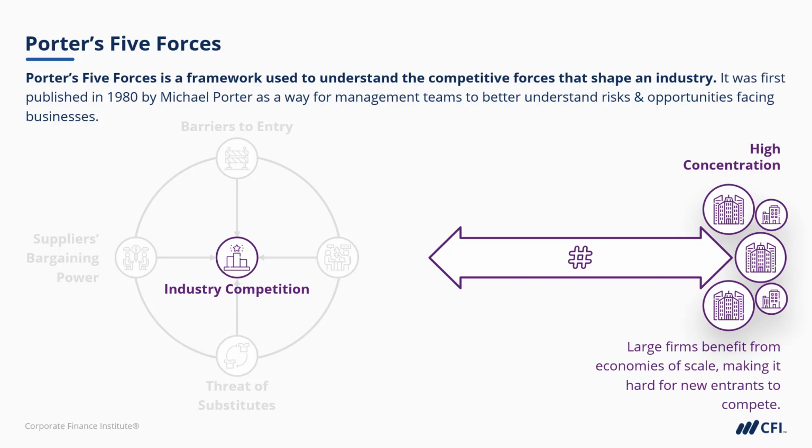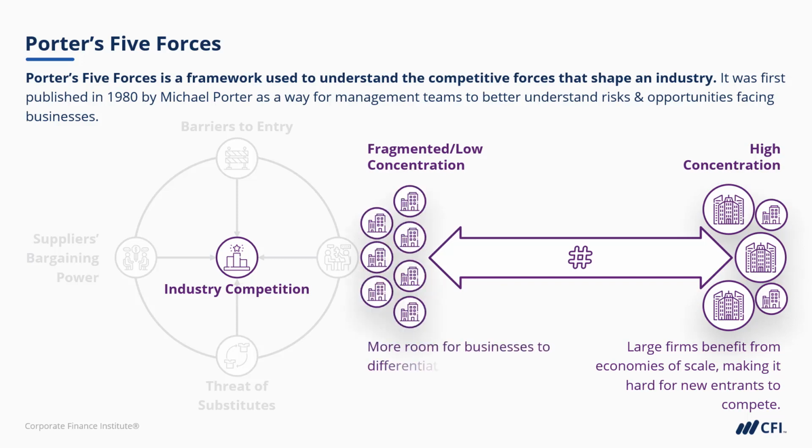But it's bad to be a smaller, new entrant in that industry, since management would be trying to compete against the big established players. In a more fragmented or less concentrated industry, there's more room for a business to differentiate through niche offerings or leadership in product development, allowing them to hopefully maintain some pricing power.